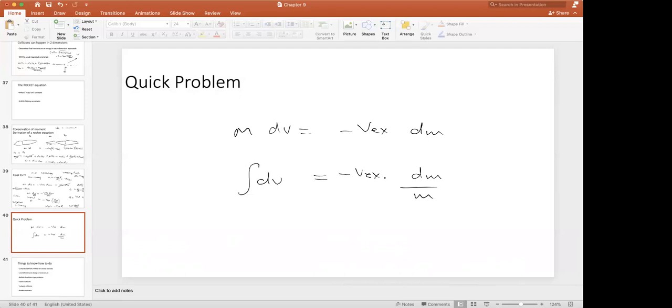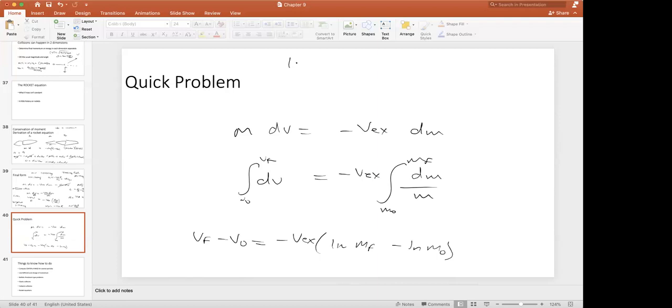Now, if I take the integral from v initial to v final and m initial to m final, right? This is a constant, it just comes out. I get on this side v final minus v initial. I get on this side, the integral of 1 over x dx is ln of x. So I get minus vex ln m final minus ln m initial.